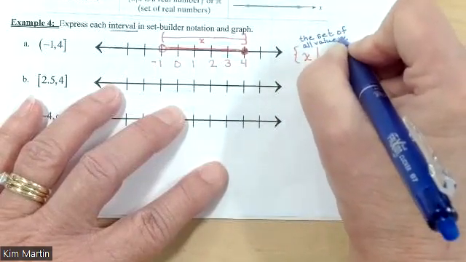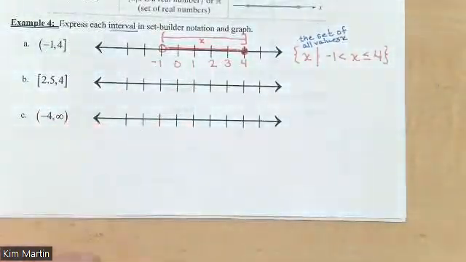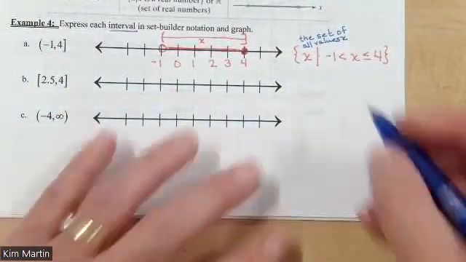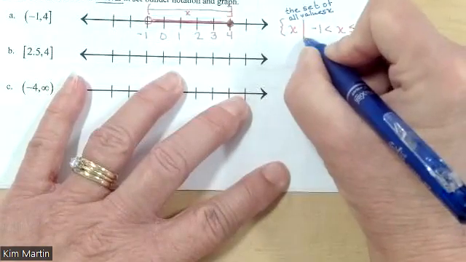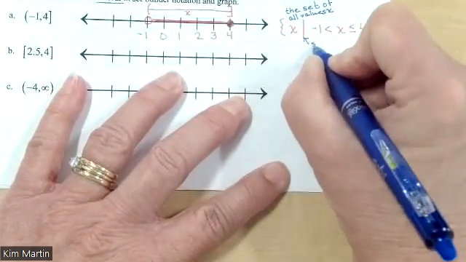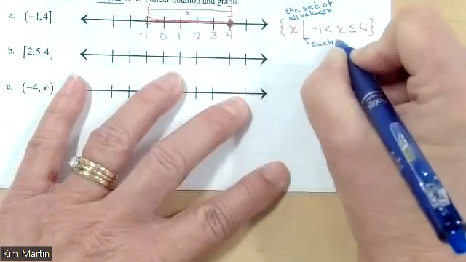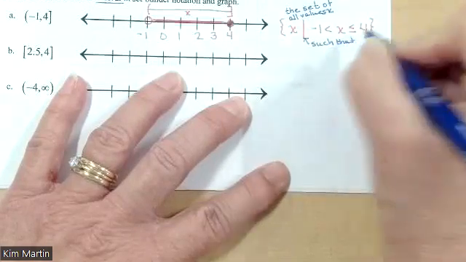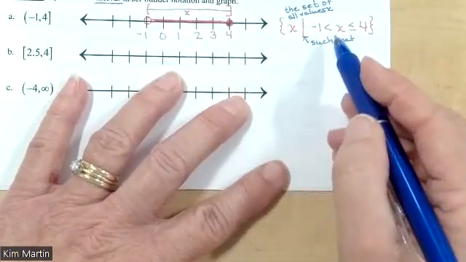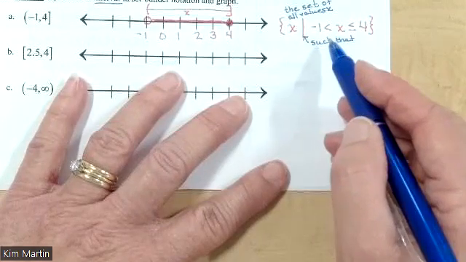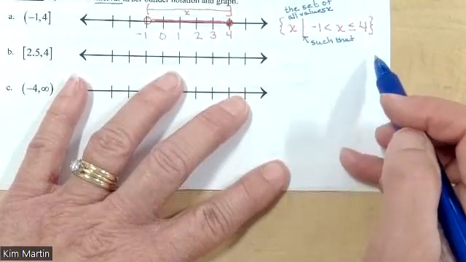Actually, I usually just say all values x. And this line here stands for such that. x is greater than -1, less than or equal to 4.